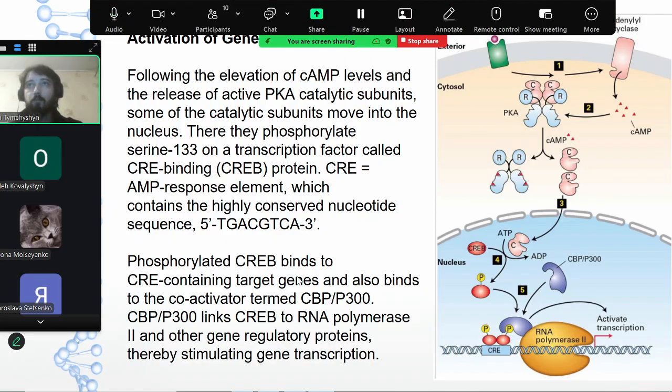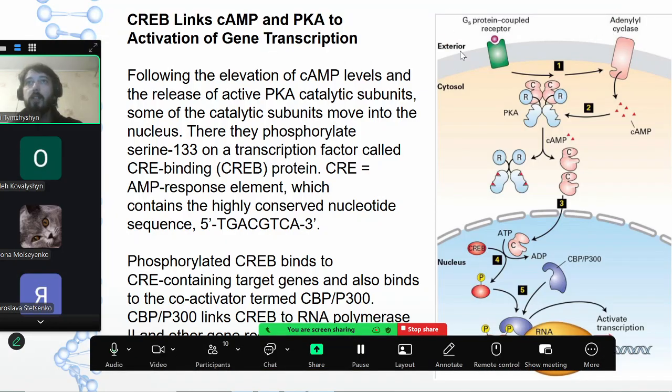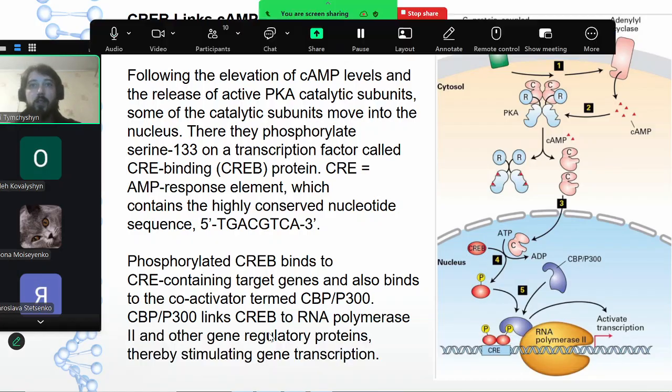Once again, we have the exterior, we have the Gs protein-coupled receptor, and we have adenylyl cyclase that generates cAMP. cAMP may activate protein kinase A. We have considered that protein kinase A, so I hope you recall this shape from the previous slides. This protein kinase A may phosphorylate some different proteins.